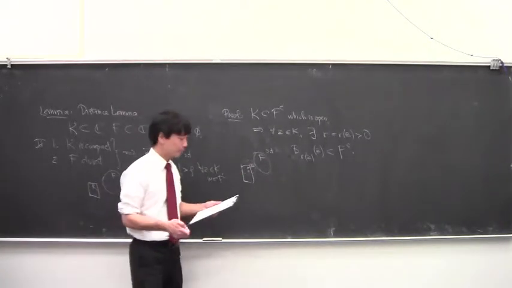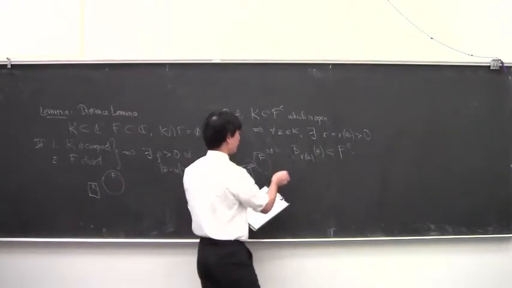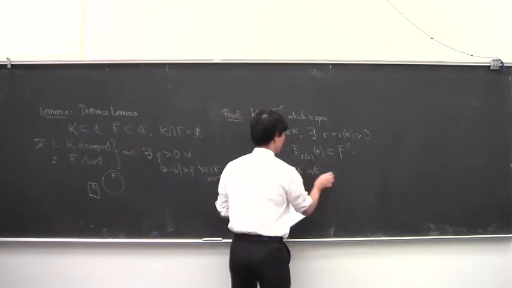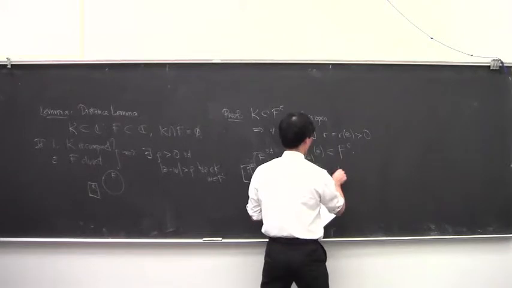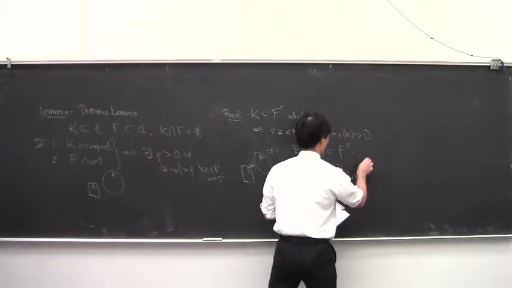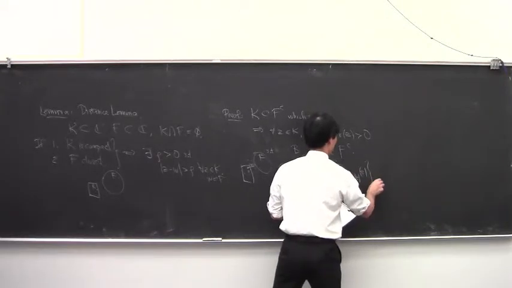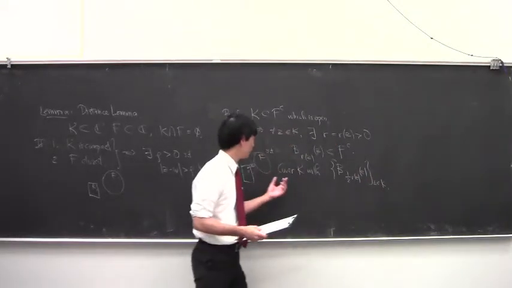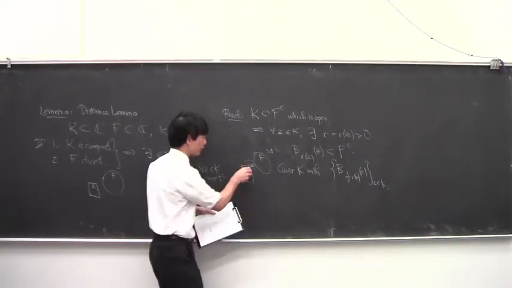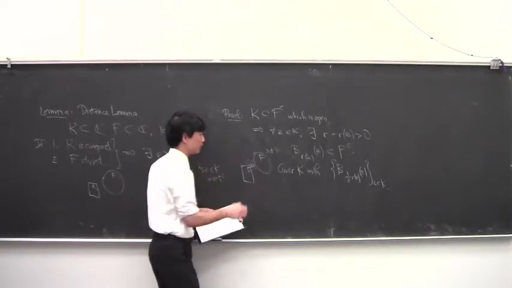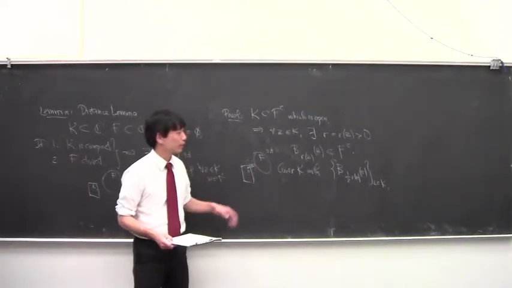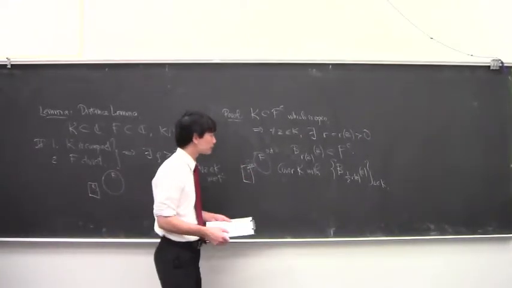Okay. So then what we do is we cover K with all these balls, but we shrink the radius by half. Instead of taking the full radius, we take half the radius, and cover K with all these balls.